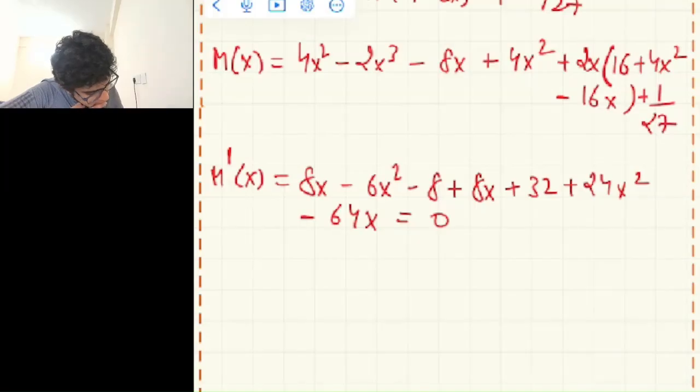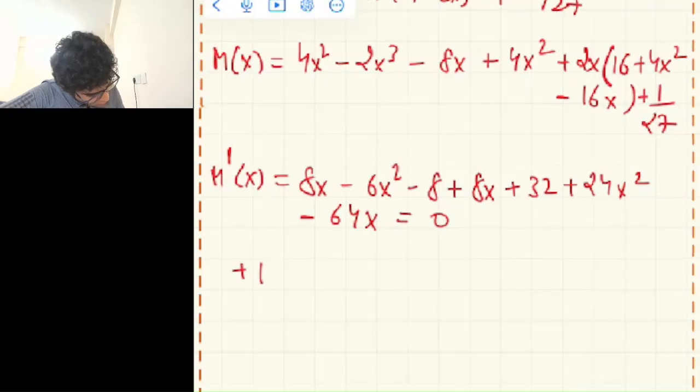So 8x and 8x cancels with 64, so this gives me 16, 64 minus 16 will be 16 fours or 64, right? 48. No, sorry, 36. So now I'm left with 24x squared minus 6x squared.